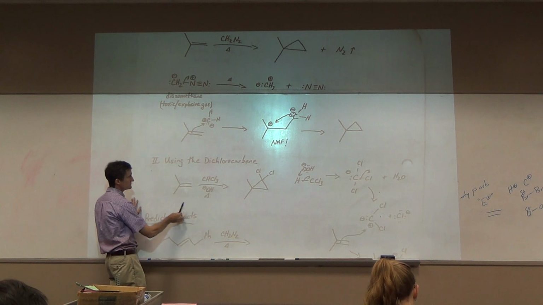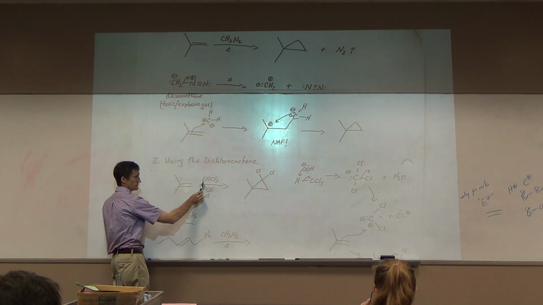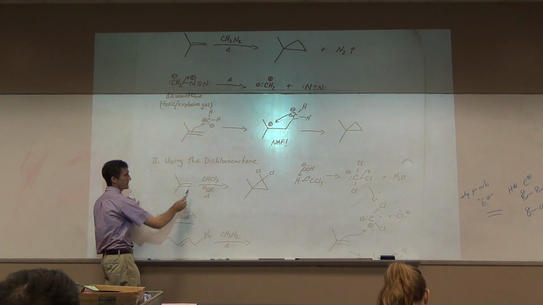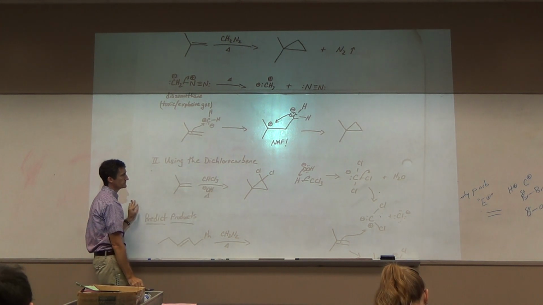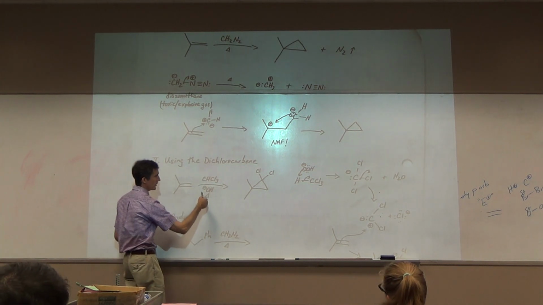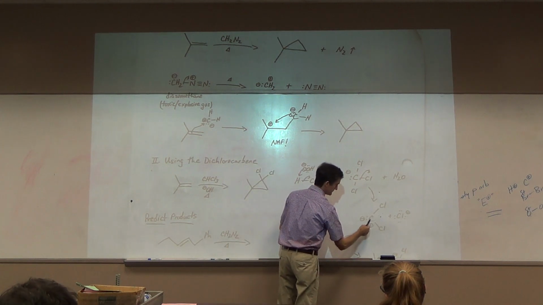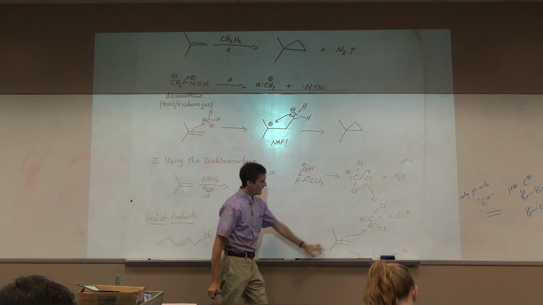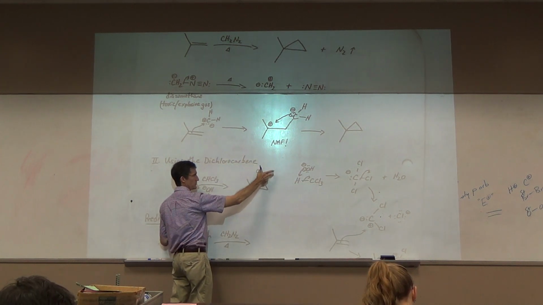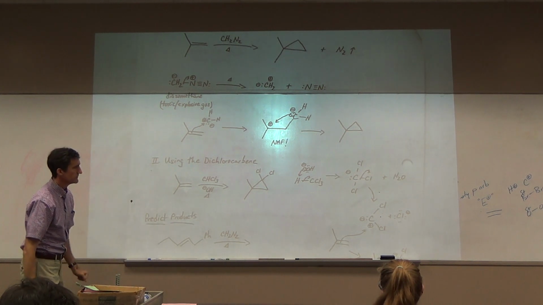You can make them from chloroform. All right, 3 chlorines, not 2, not dichloromethane. Chloroform. And hydroxide. You can make a carbene here, but it's going to be the dichlorocarbene. If you use a dichlorocarbene, your cyclopropane is going to have 2 chlorines on what was the carbene carbon.